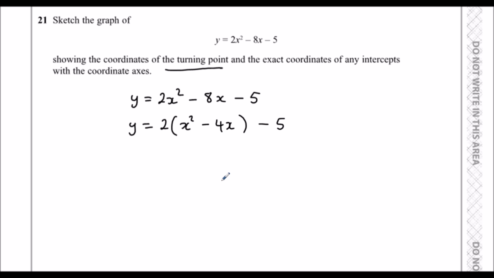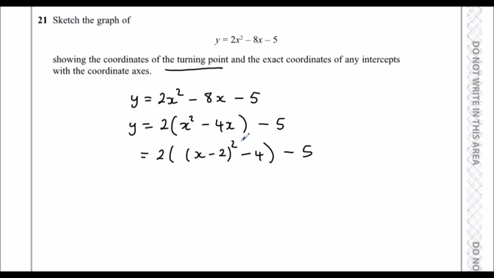Now I'm going to complete the square on the bit inside the bracket. So I'm going to have x minus 2 squared. I'm halving the x term. So it was negative 4. It's now negative 2. And I'm writing that as a square. But now I'm going to take away whatever this number squared is. So 2 squared is 4. Take away 4.